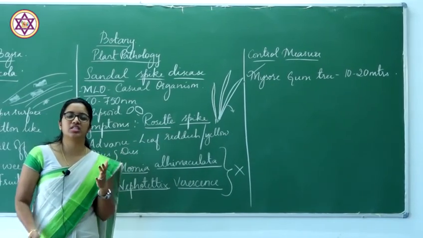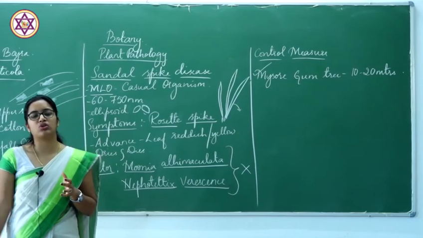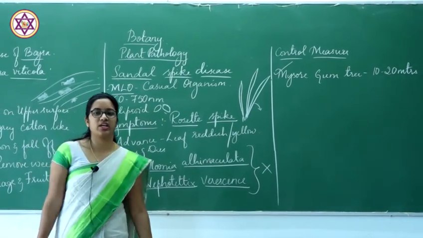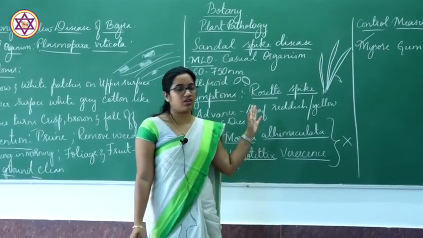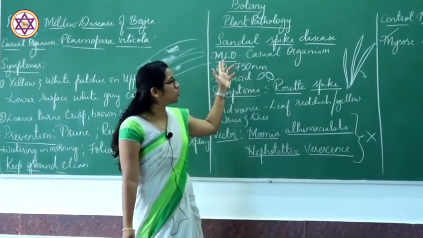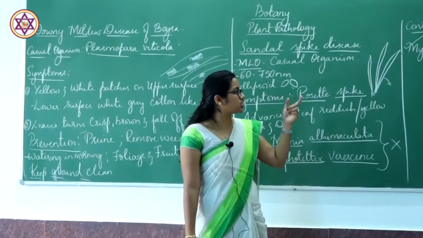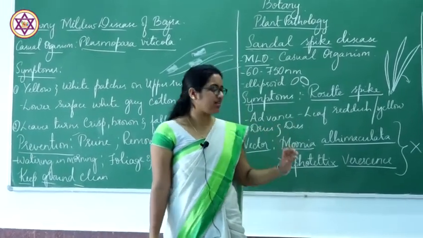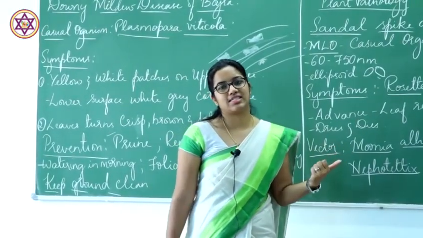When you grow this Mysore gum tree 10 to 20 meters away from that field, it is known to reduce the MLOs infesting the sandalwood. That is the only control measure. Maybe it keeps these vectors far off from the sandalwood.